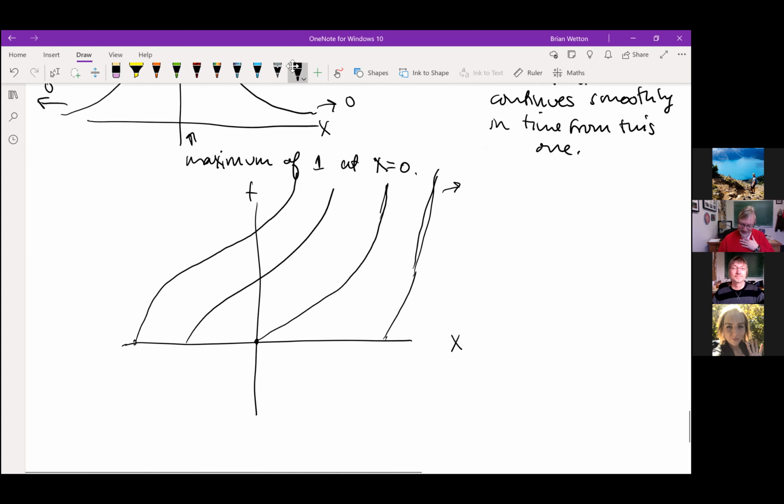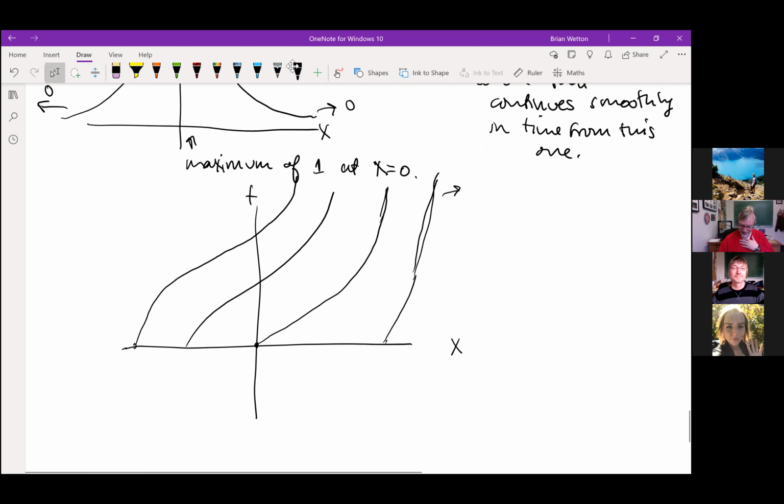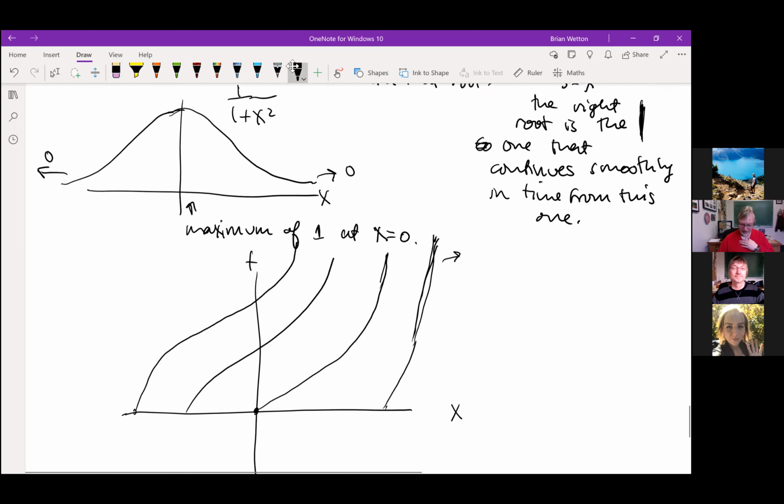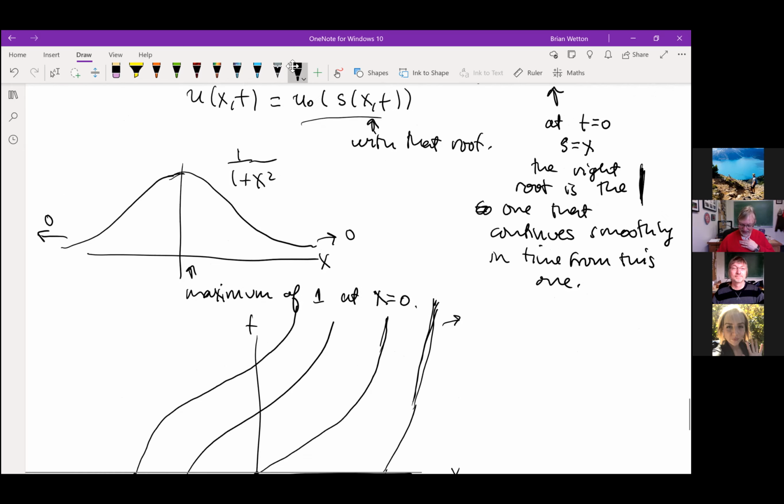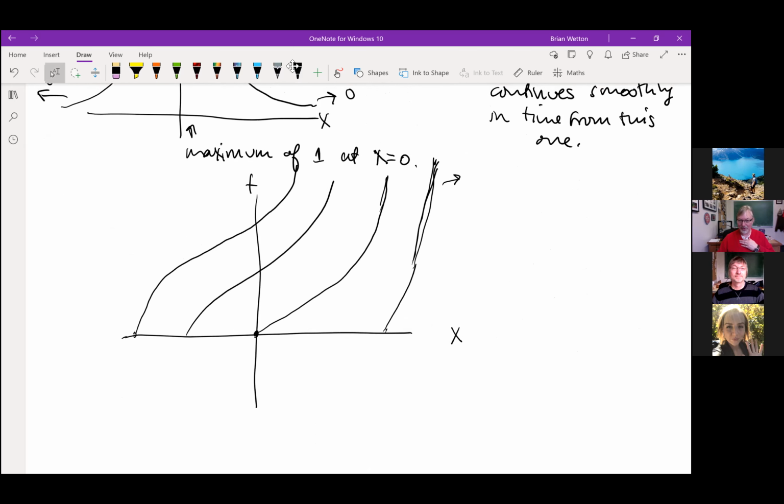I just know that as they move to the right, they move slower and slower. And as they cross 0, that's when they pick up and have the highest speed. So we can get a lot of information about this system even without figuring out the exact formula for u of x and t. This is a pretty convincing picture of what's happening.